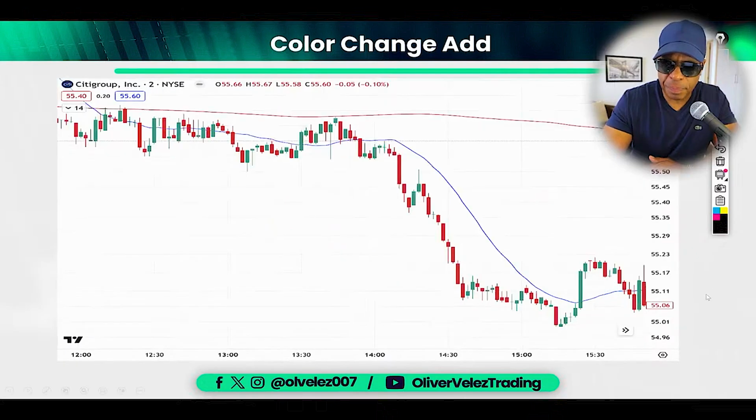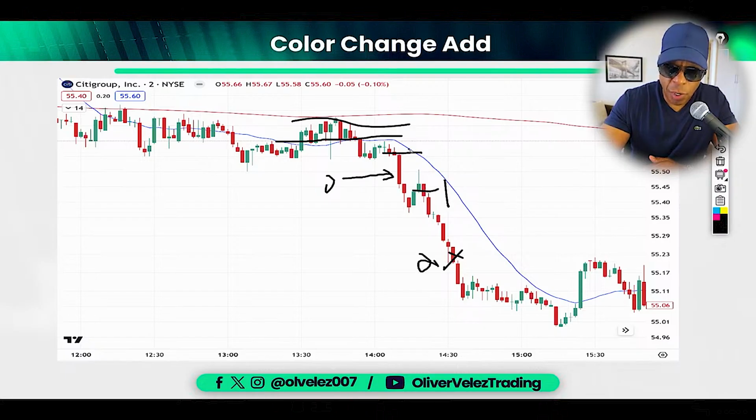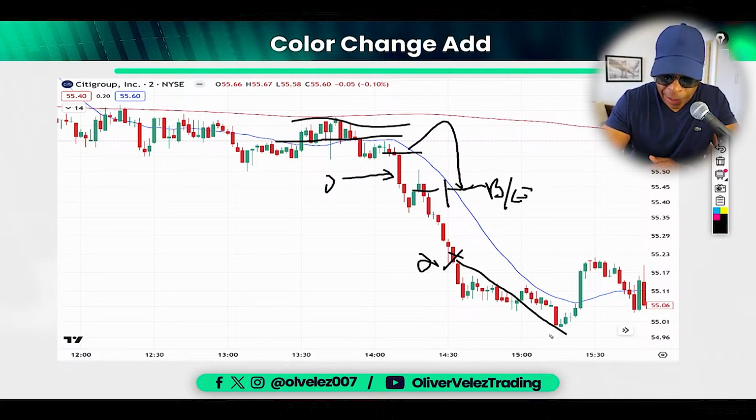All right, we've done this before. Power bar entry. We have the state here. Stop. Color change add. Profit take on 2. Bring stop to break even. Let the rest ride.